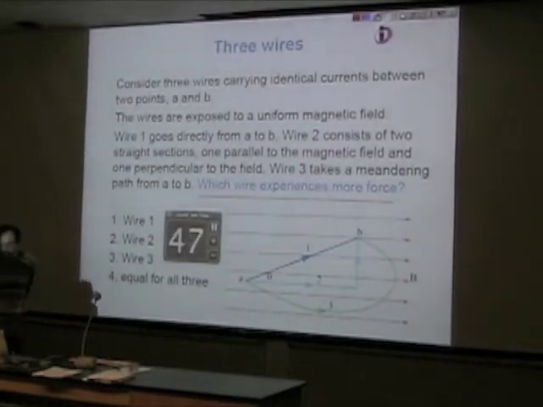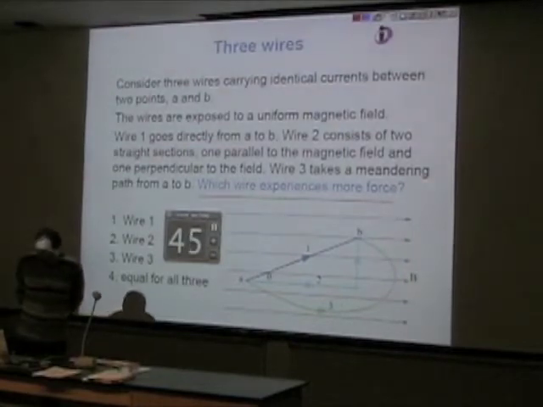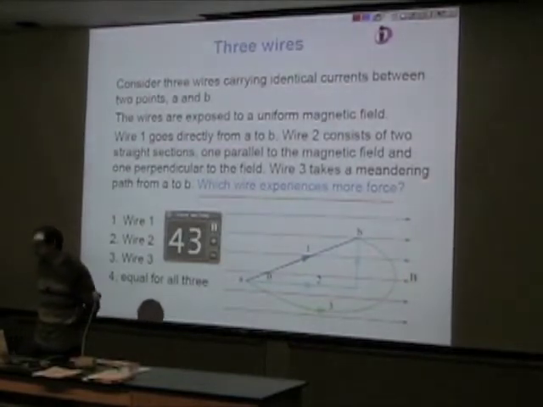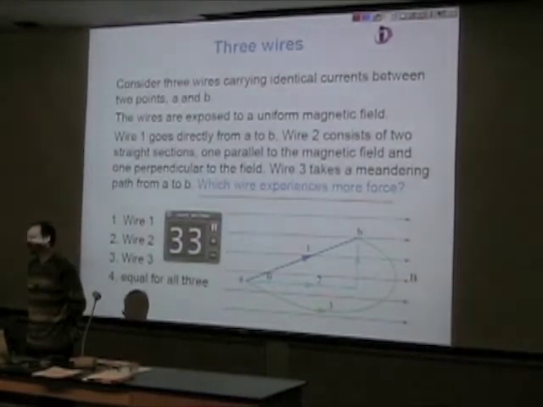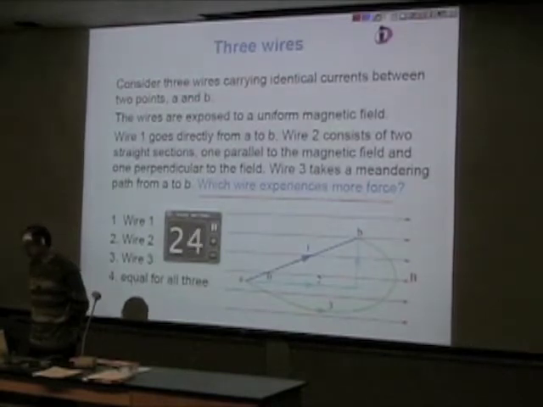And of course we have only 4 possible answers. We just said wires 1 and 2 experience the same force, so don't press 1 or don't press 2. So your choice is narrowed down to button number 3 and button number 4.